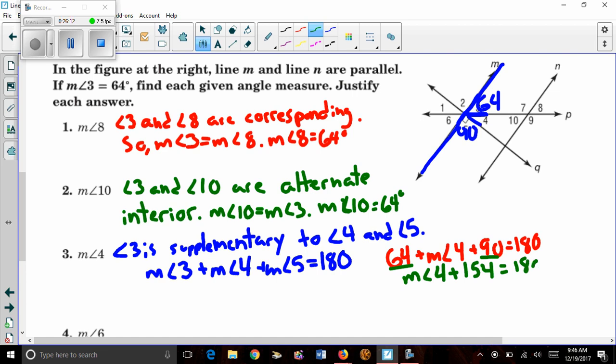If I wanted to solve for just the measure of angle 4, our chapter 2 skills tell us to subtract to find the measure of angle 4 equals 26 degrees. And that's my answer.